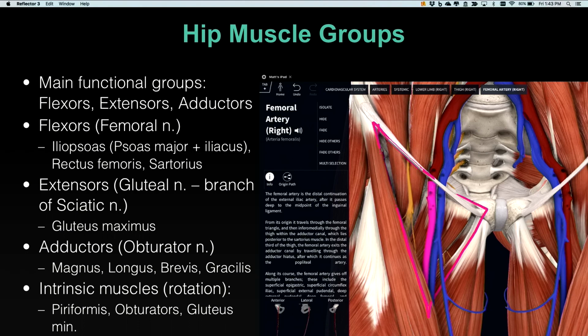Or if you ever have had to have an angiogram, or you know someone that has had the arteries in their heart scoped, you will insert a catheter here, and it will snake all the way up into the aorta and then into the heart muscle from the femoral artery. So a really important landmark.